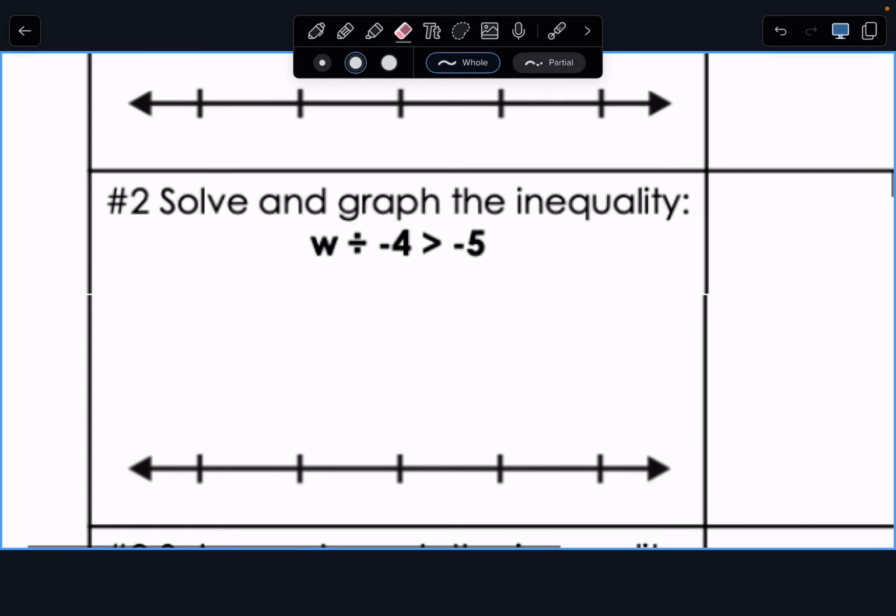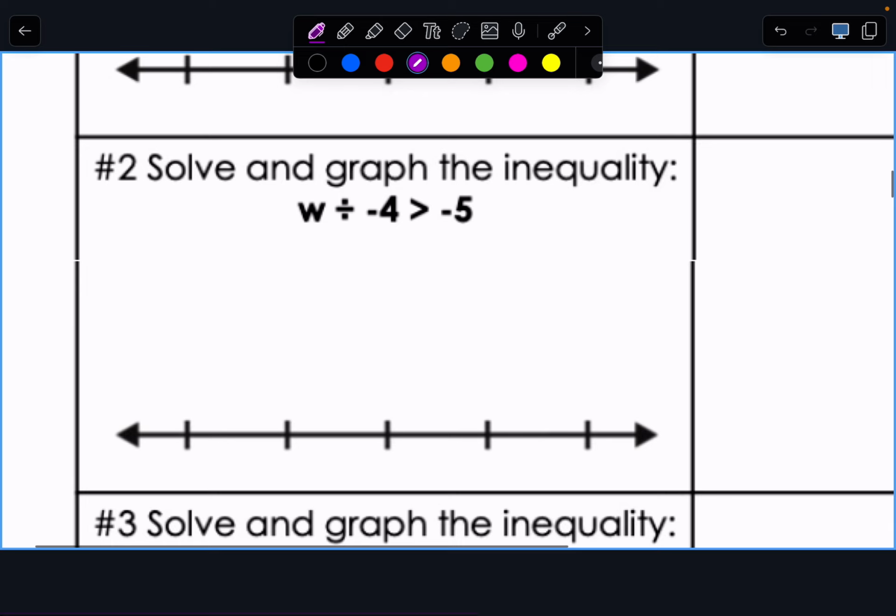In number 2, did you put a star? Wait, number 2? Where? Number 2. We're on this side. Okay. In order to solve number 2, how do we undo this operation right here?